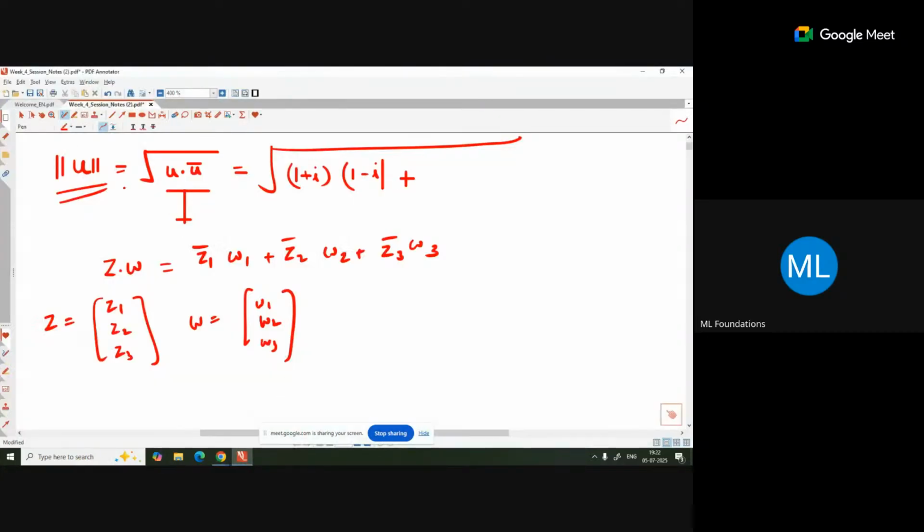You have two vectors here. u is one vector, and you want to find the square of it, right? Or let us say, what is the length of the vector?